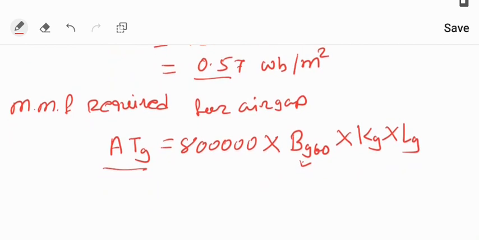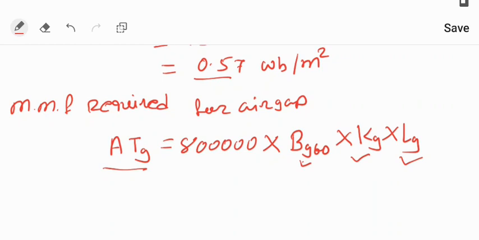Kg is the gap contraction factor, given in the example as 1.2, and Lg is the length of air gap, equal to 0.55 mm. Both kg and Lg are given in the example.